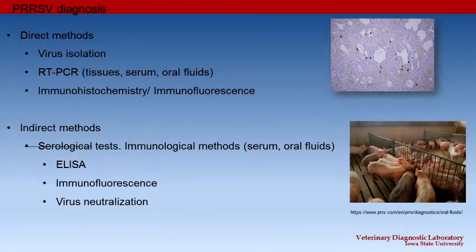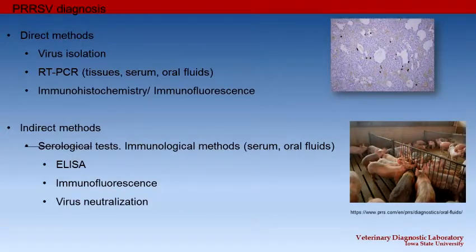Indirect method, I mentioned before, and I like to scratch this one because indirect methods used to be called just serological tests. I like to say that it's an immunological test because now we don't use serum only anymore. We use more platforms to evaluate the immunological response. Instead, we use oral fluids. So that is why it's not a serological test anymore.